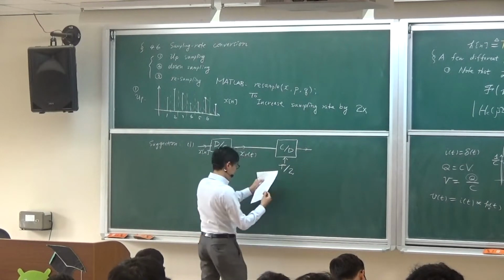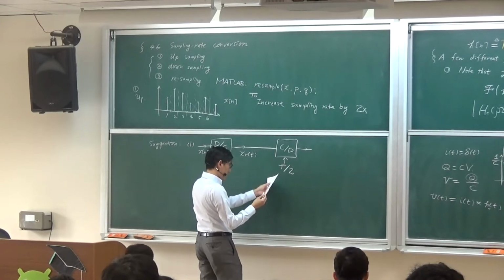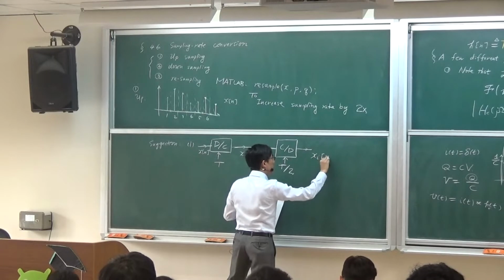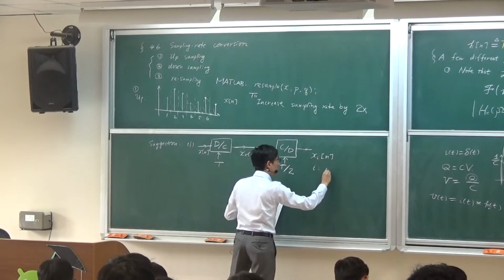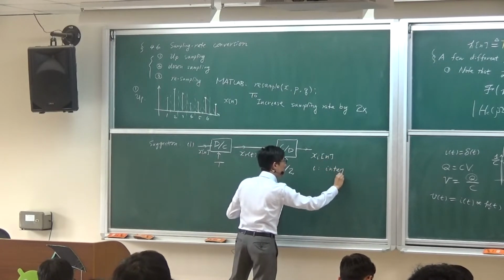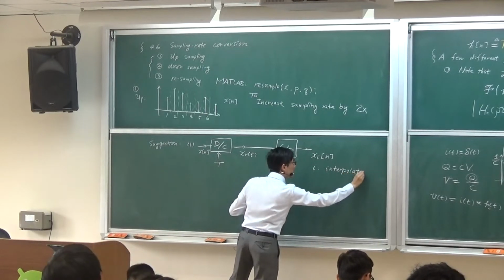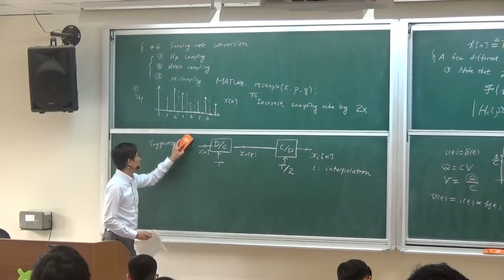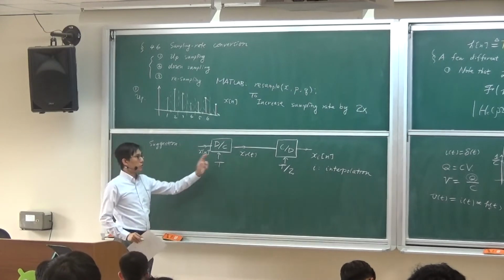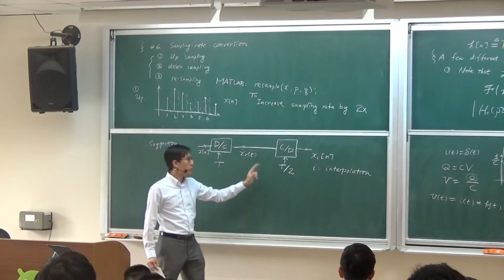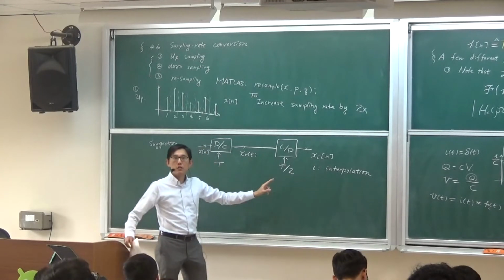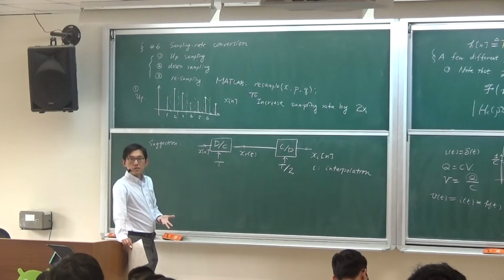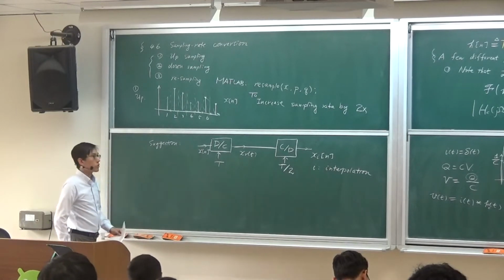And let's call the result x sub I of n. I stands for interpolation. Okay, so that's the suggestion. 2 steps. First step is, let's just perform D2C. Second step, resample 2 times faster. Easy enough, right? That should do the job.